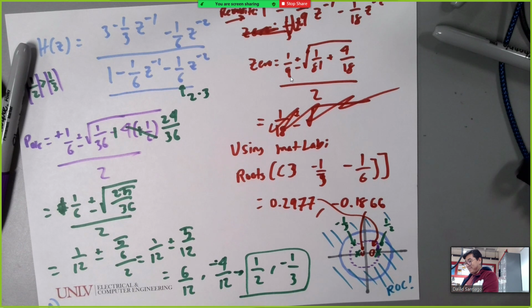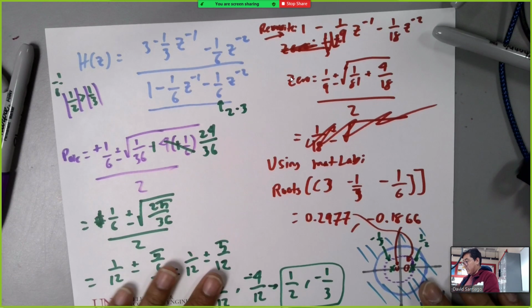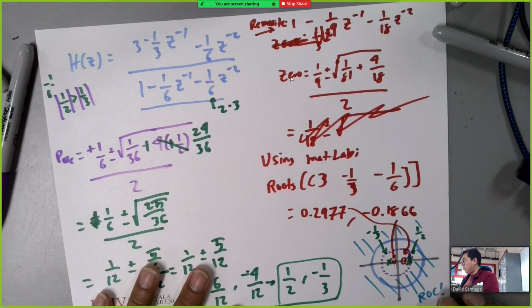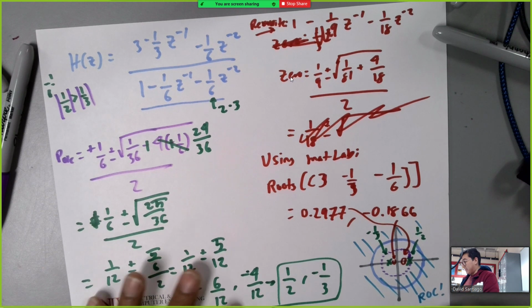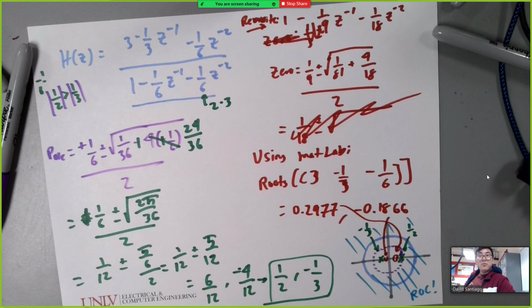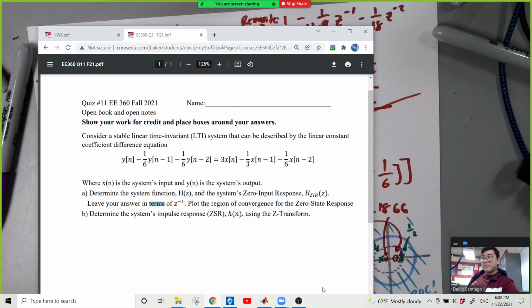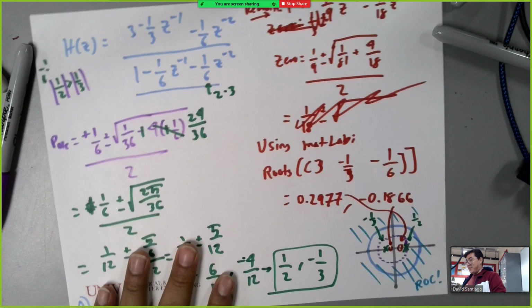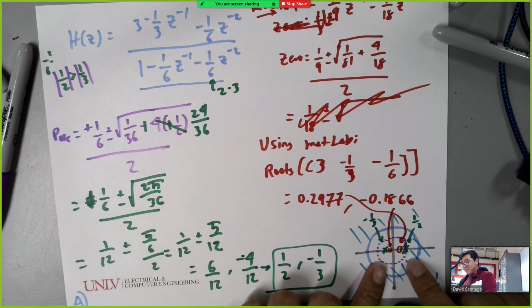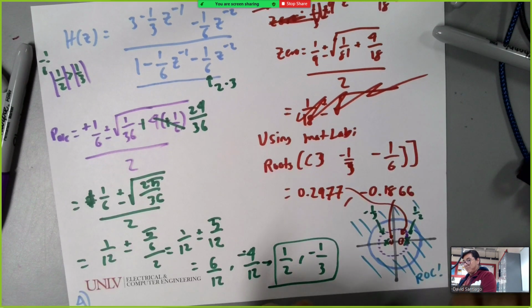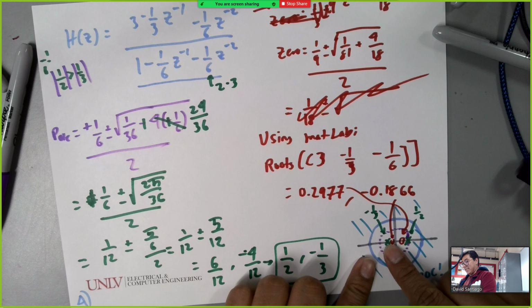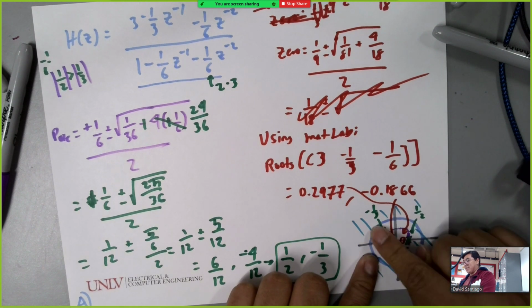Sweet, right? Perfect. And now, that's our region of convergence. But what's the next part? Because that's what I'm about to jump to. Now it says determine the system's impulse response. So that means we're going to go back into the time domain. So now that we have all our information, both the poles are going to be right-sided functions because they have to include the imaginary axis.